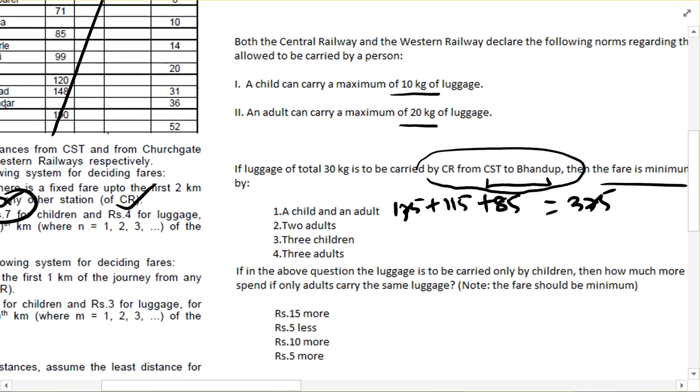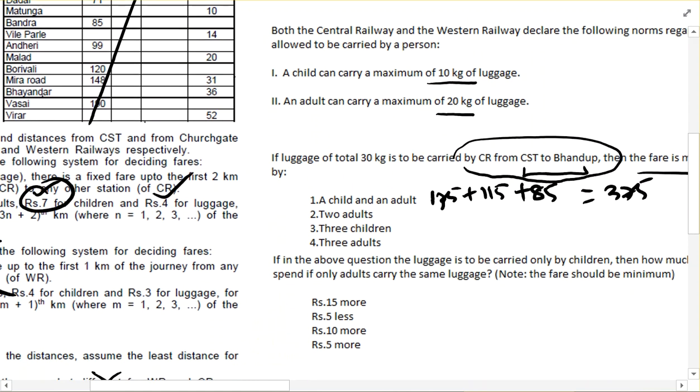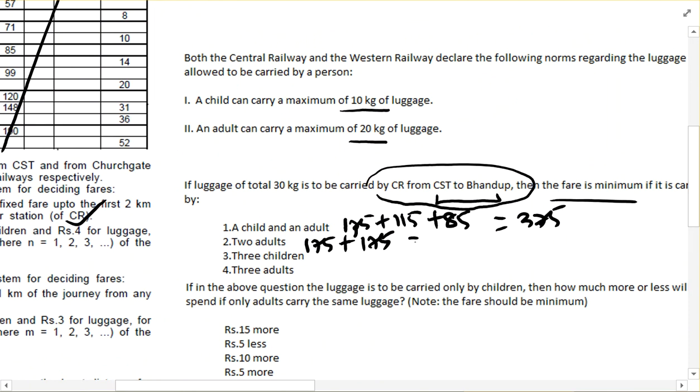If two adults go, then no extra charge for luggage will be paid. 175 plus 175, because each of them will carry 15 kg of luggage. So it is 350.